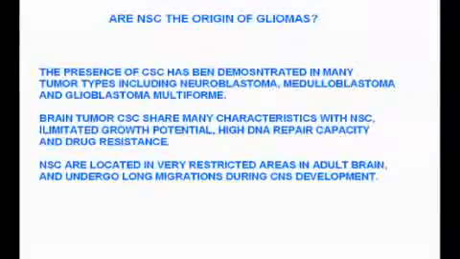The presence of cancer stem cells has been demonstrated in many tumor types, including neuroblastoma, melanoma, and glioblastoma multiforme. And the most interesting characteristic, I think, is that brain tumors share a lot of similarities with these cancer stem cells.